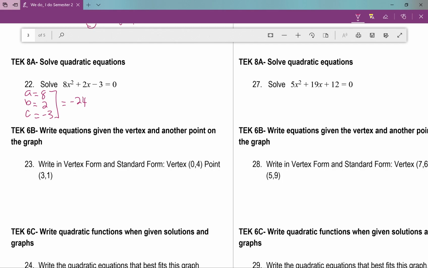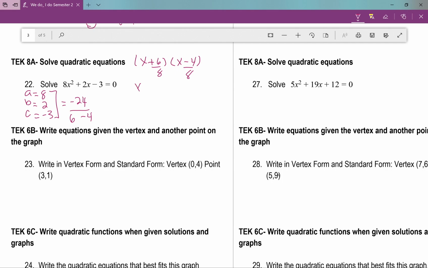So those numbers would be 6 and -4. So then when I'm writing this down, I have x plus 6, x minus 4, and don't forget we always need to divide by our a term, and in this case that is 8. 6 divided by 8 reduces to 3/4.